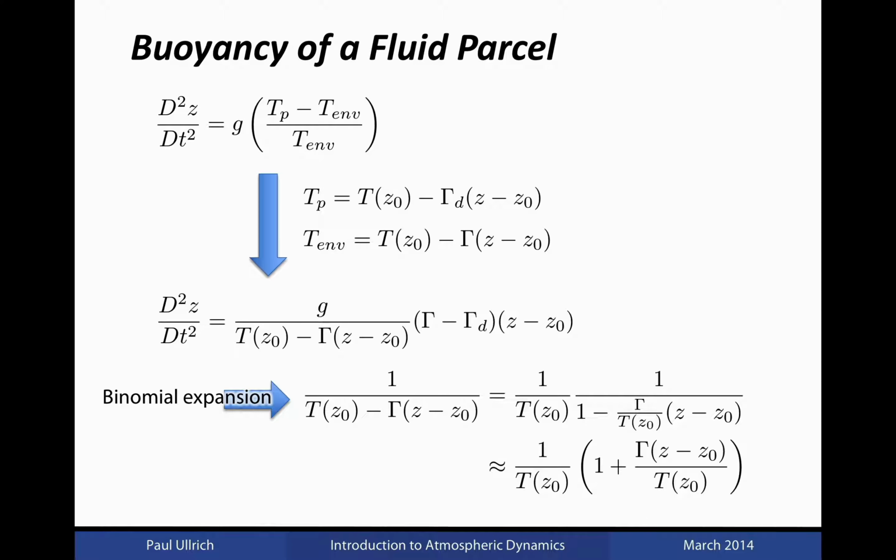Substituting these temperature profiles into the equation above then gives an expression for the second derivative of the height coordinate following the fluid parcel. A binomial expansion can be used in order to transform the denominator into a term which is more amenable to analysis.